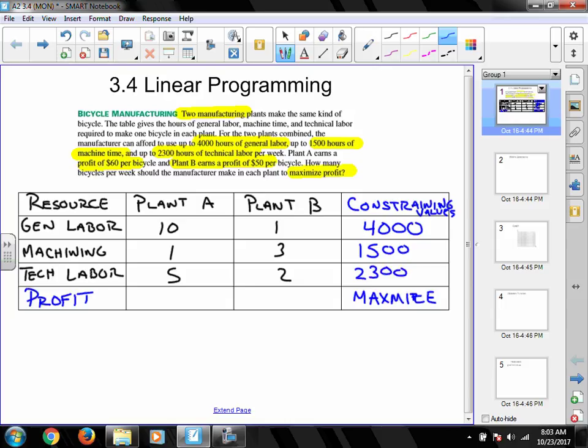The only thing left that we're dealing with is Plant A earns a profit of $60 per bicycle, and Plant B earns a profit of $50 per bicycle. That is straight profit. That is with everything, with all expenses taken care of. That is just pure profit. That is not revenue, for those of you that are in accounting.